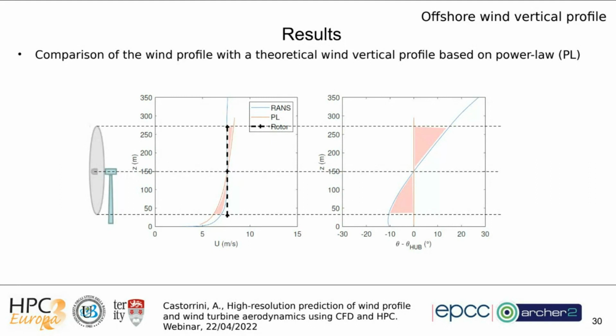And you can see that there is a difference in the way that the blade sees the velocity during its revolution, but also in the direction of the wind, which is fixed along the elevation for the theoretical profile, but shows a strong variation in the case of the realistic wind profile that we can obtain with this kind of method.